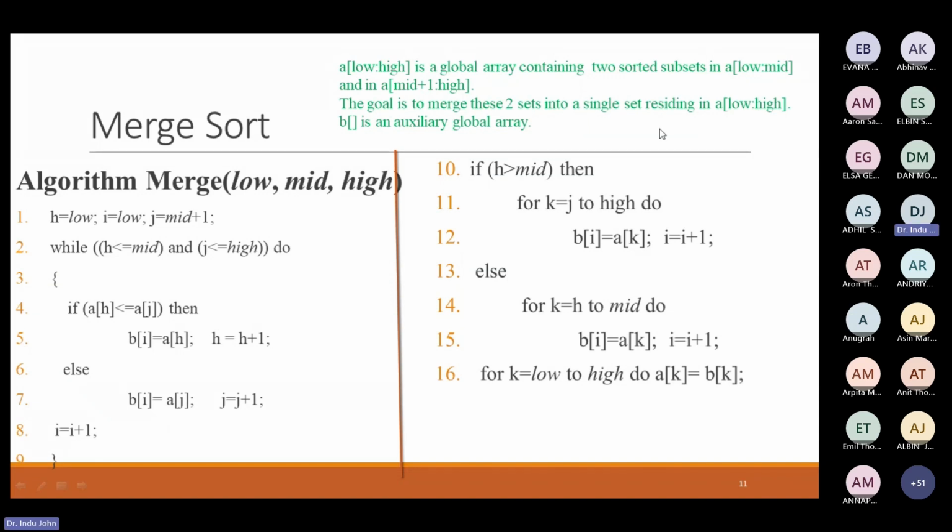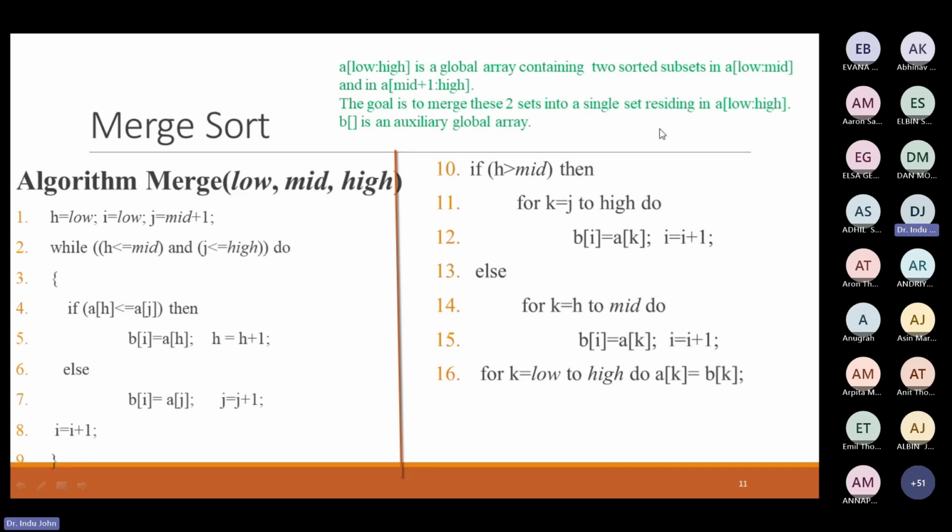So how we do the merge operation is we will use an additional array. Merge sort has some additional space requirement. You have already studied, I think, in-place sorting and all that. Merge sort does not sort the array in place.